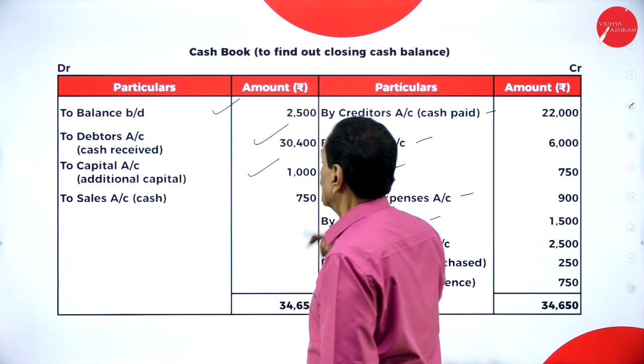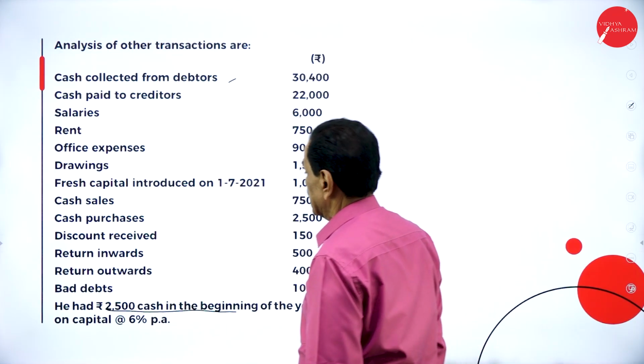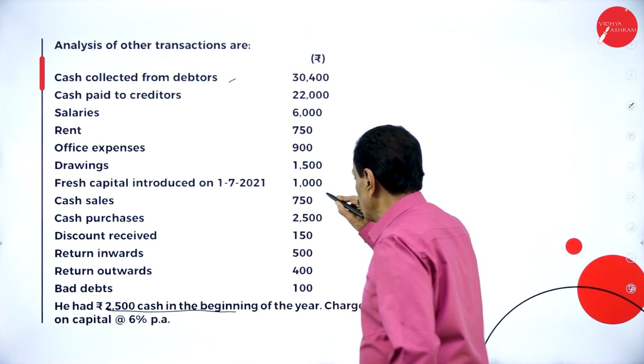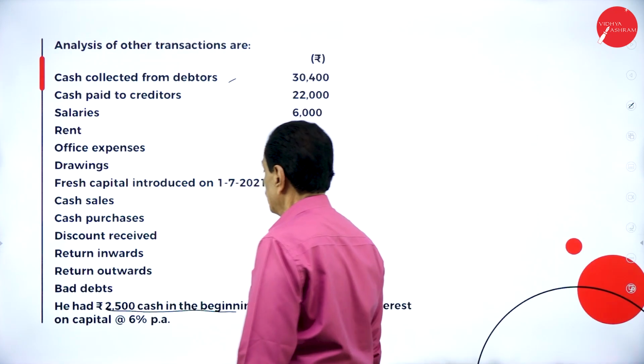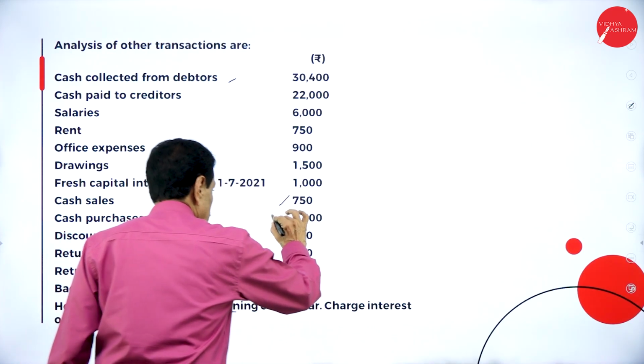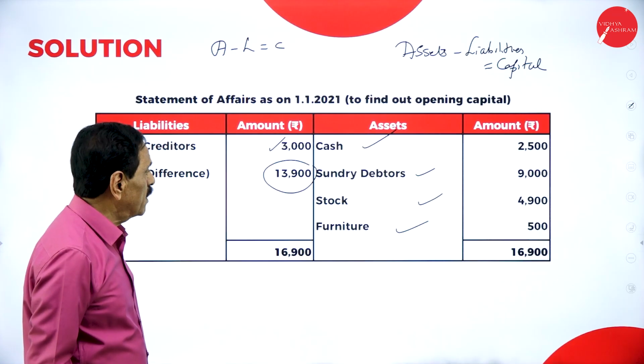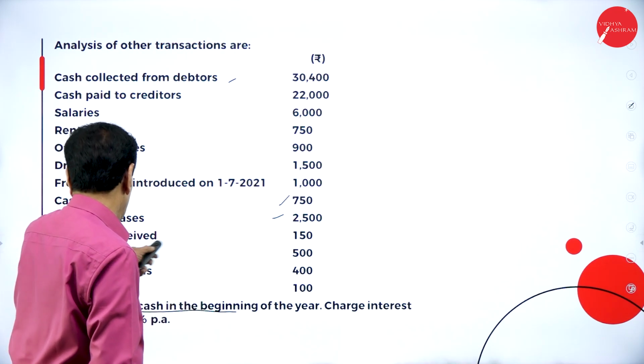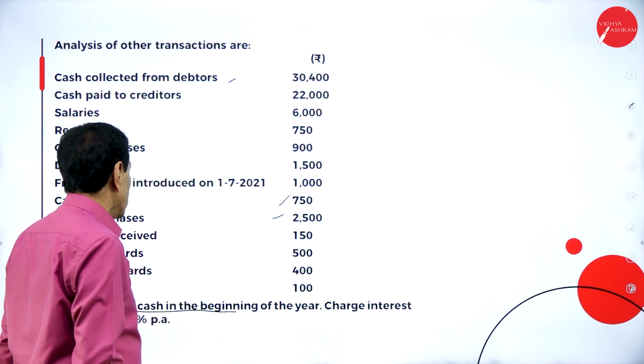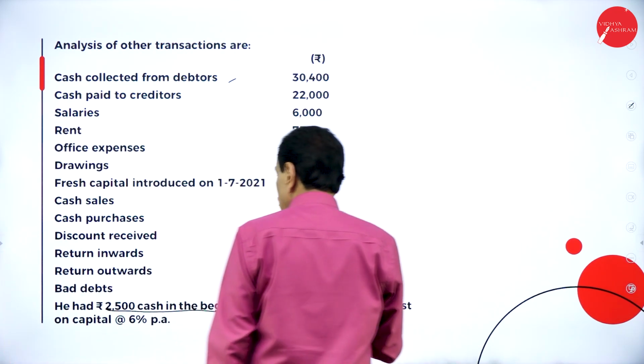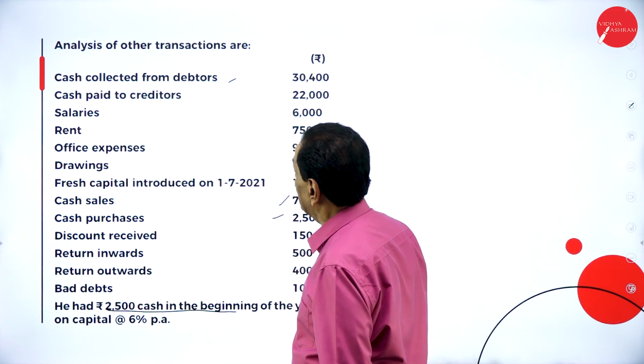Addition capital 1,000. Then cash sale, by selling the goods, we receive the cash, debit entry. Come back here. Purchases, when you cash purchase, cash is going out. So cash purchase is there, discount receipt won't come, bad debt won't come. So you have got a balance of 2,500 here.